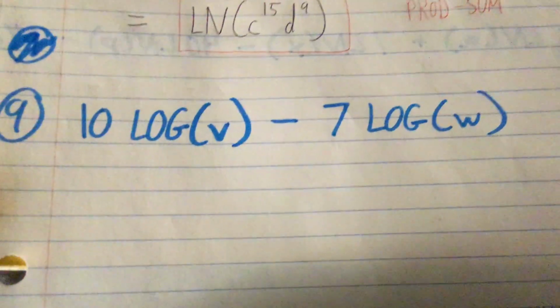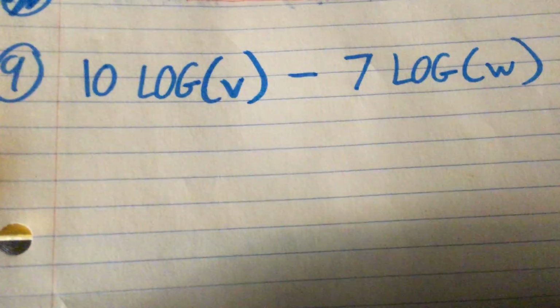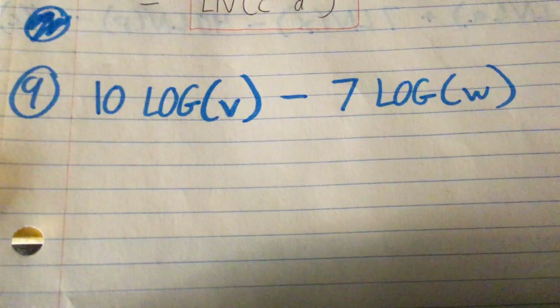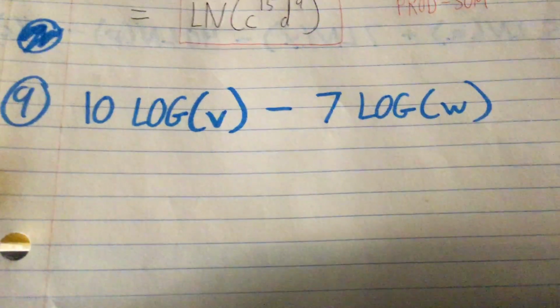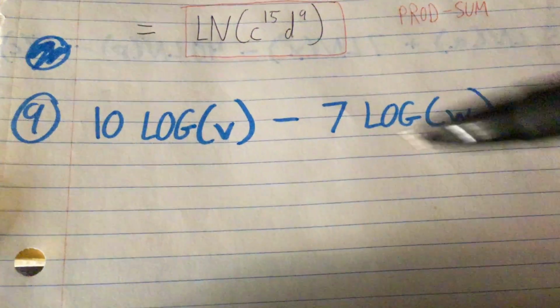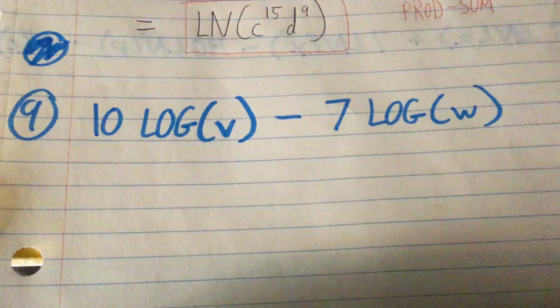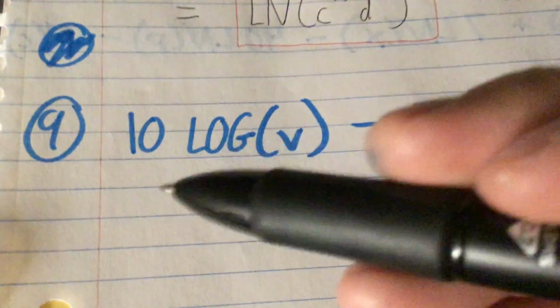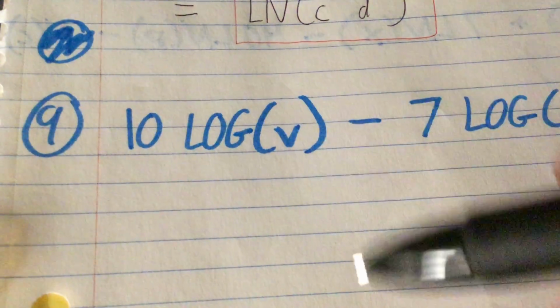Number 9. 10 log of v minus 7 log of w. What can I do to bring this whole thing back together again? Well, I've got a factor out in front, and I've got a subtraction problem. Okay, so let me take this one step at a time. The 10 factored out means that it was originally inside of the logarithm as an exponent.